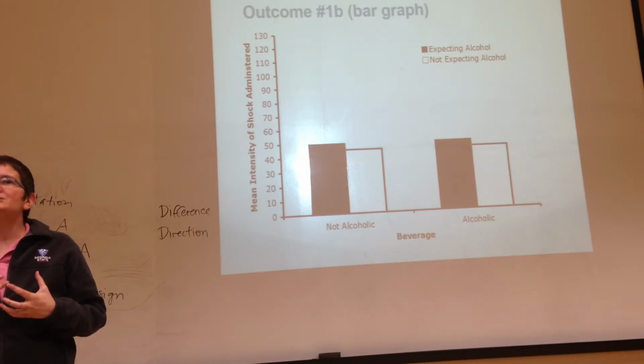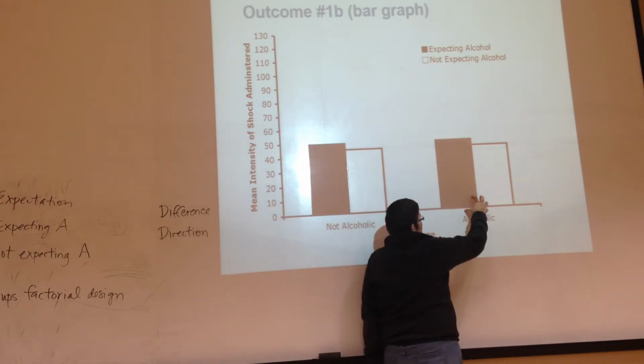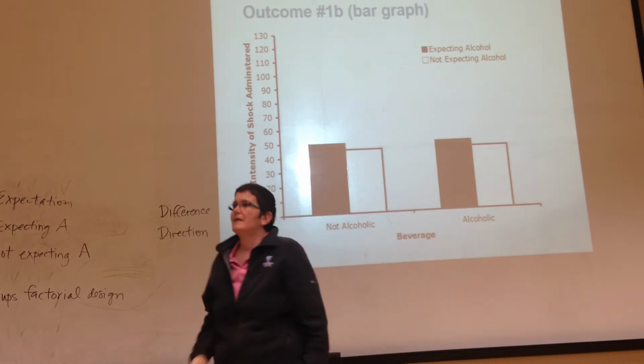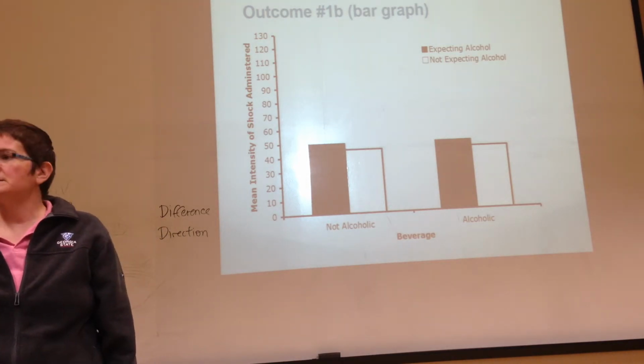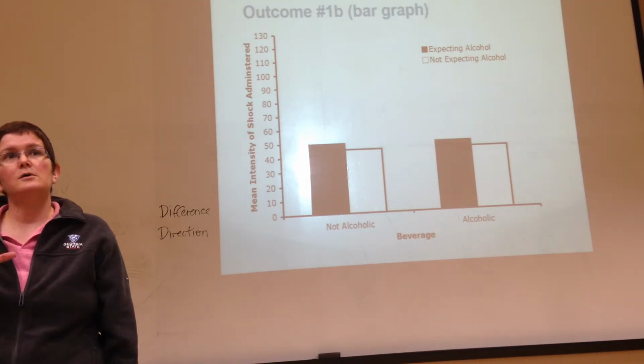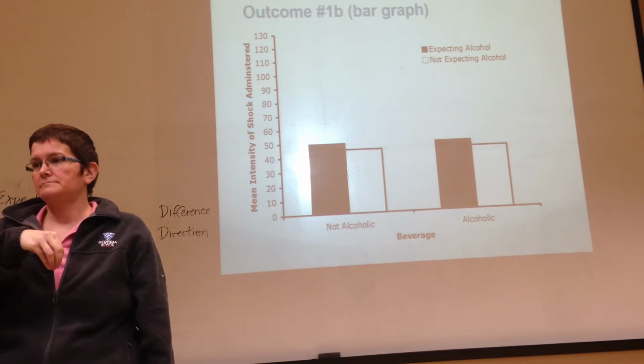The combination of these two together and these two together gives me basically the same thing. Does that make sense? So we're looking at a main effect of beverage. We just need to think about the alcoholic bars as one thing and the non-alcoholic bars as one thing.